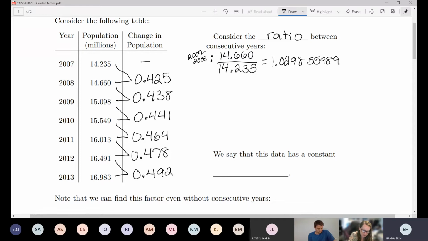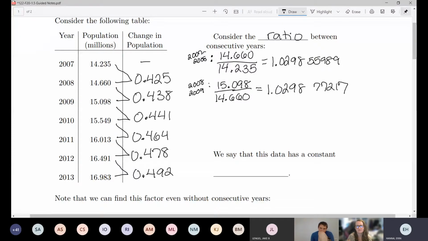What about from 2008 to 2009? Well, if I take the population in 2009, 15.098, and divide it by the population in 2008, I get the decimal 1.029877217.